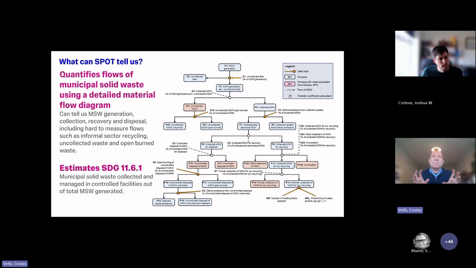This structure then is basically a material flow analysis for municipal solid waste with an additional layer applied on the plastics that gets us all the plastics. So that's why this model gets us results also for municipal solid waste, not just on the plastics pollution. Then another amazing functionality is that it's built in a fully compatible way to estimate the Sustainable Development Goal 11.6.1 that quantifies the percentage of municipal solid waste that is collected and managed in controlled facilities.